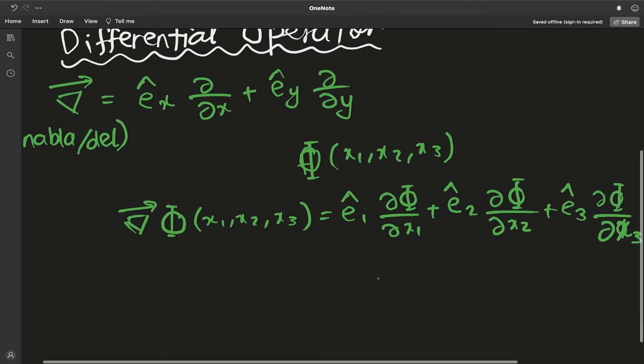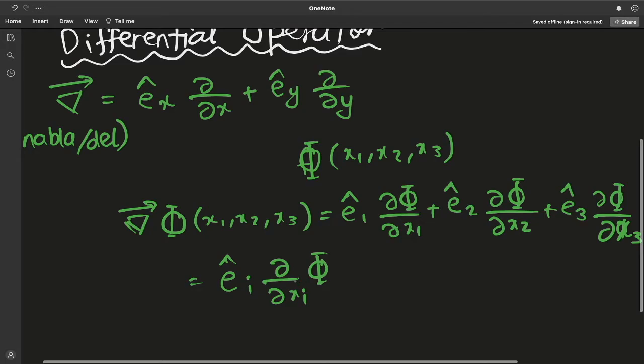Okay, and now I can conveniently write this in a subscript summation convention: e_i, partial x_i, of phi.